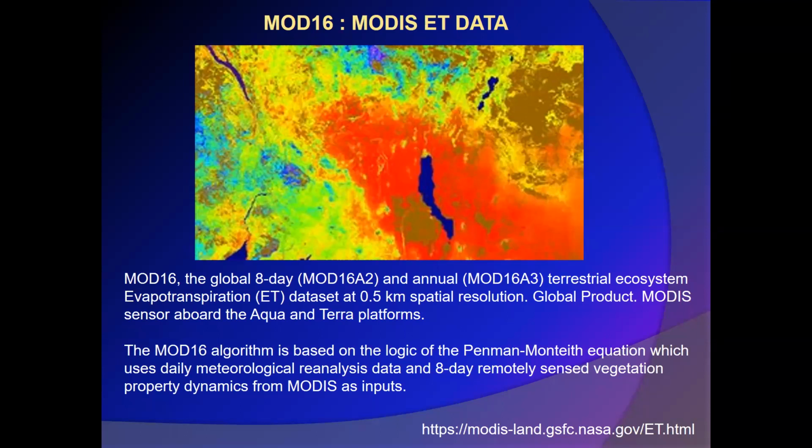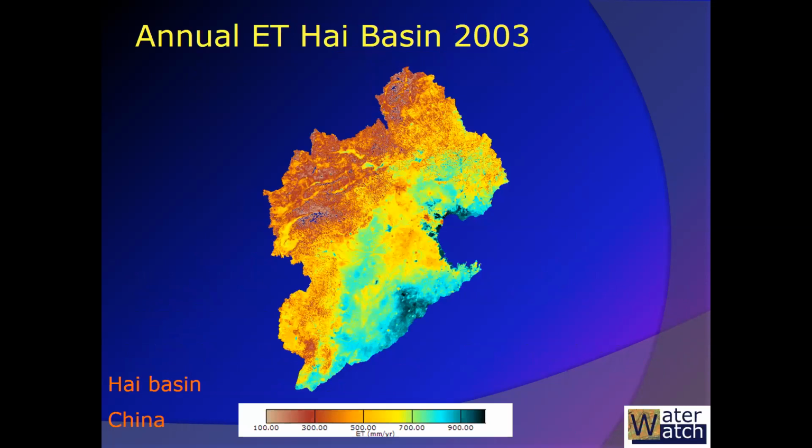It is a global product that's freely available, and work has stopped a little bit on MOD16. There were talks of people continuing the research, but funding stopped for it. But the last I heard was that work is continuing on the MOD16 product now. So that is a freely available data set.